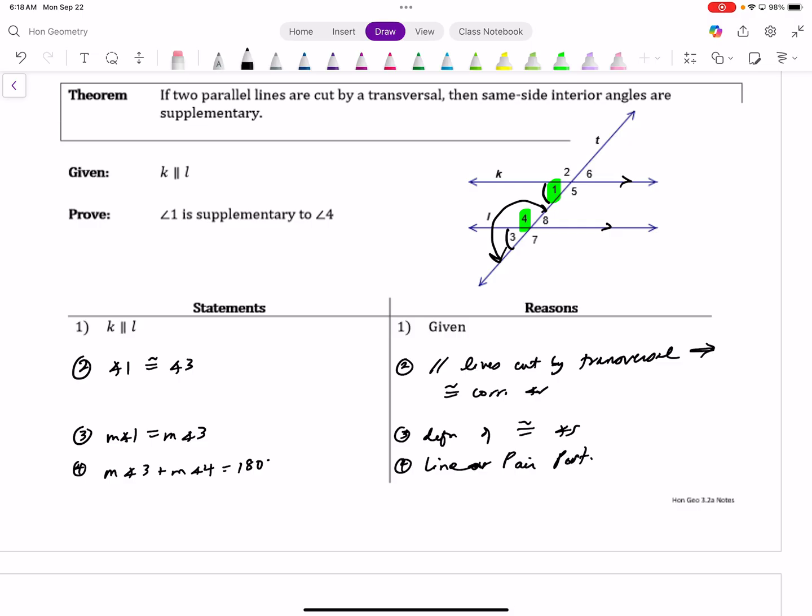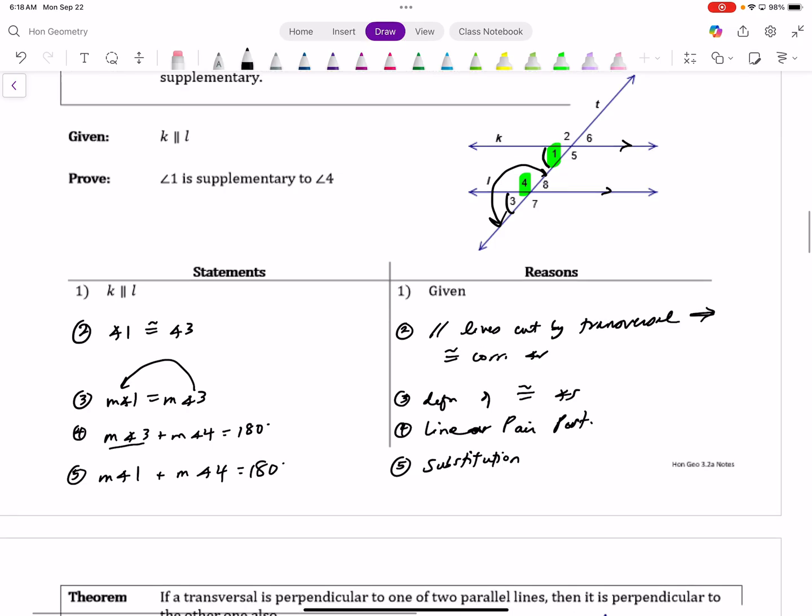So where the measure of angle 3 is, I can replace it with the measure of angle 1. And that's a substitution because I'm substituting numbers. The measure of an angle, that's a number. Okay? And then if two measures add up to 180 degrees, well, that's the definition of being supplementary.